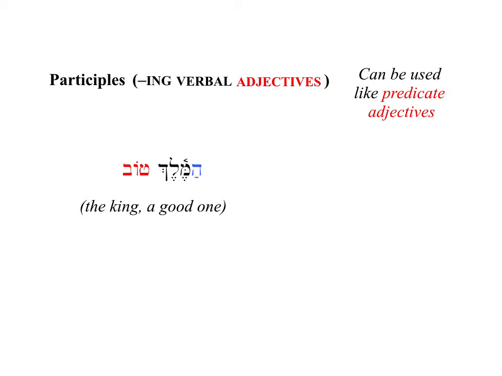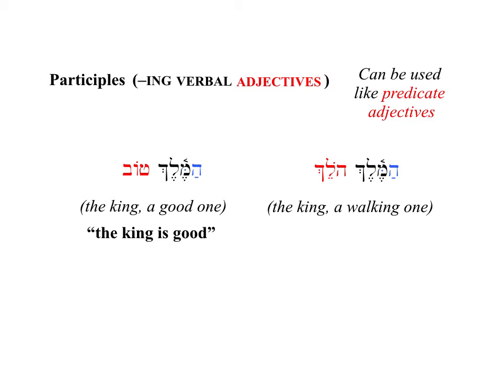participles as predicate adjectives. So here we have an expression in which the subject, Hamelech, does not agree in definiteness with the adjective that follows. It's clearly a predicate adjective. The king, a good one. The king is good.